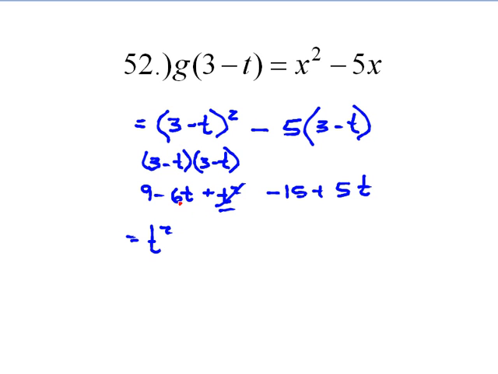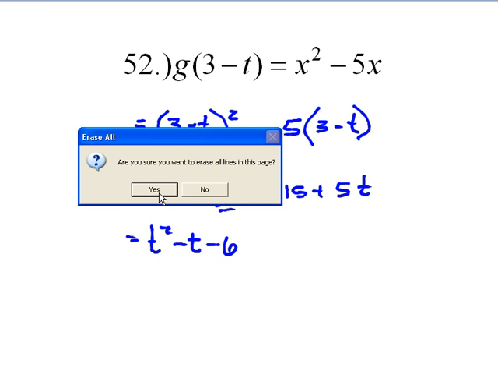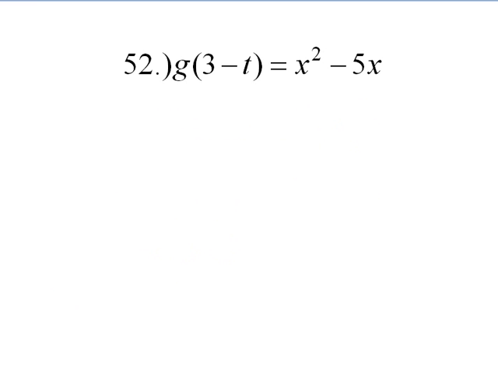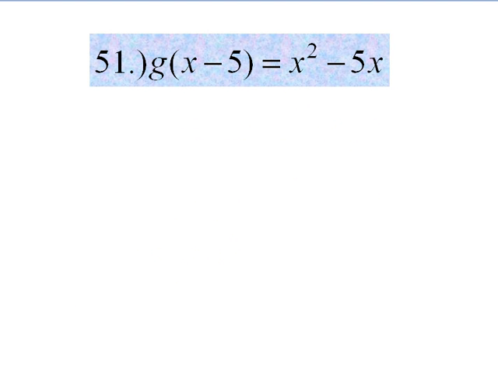Now we have negative 6t and 5t. That would give us negative t. And then we have 9 minus 15 would give us negative 6. Alright, so our answer is in trinomial format. Here's another one for you. Same thing as we just did. Try it.